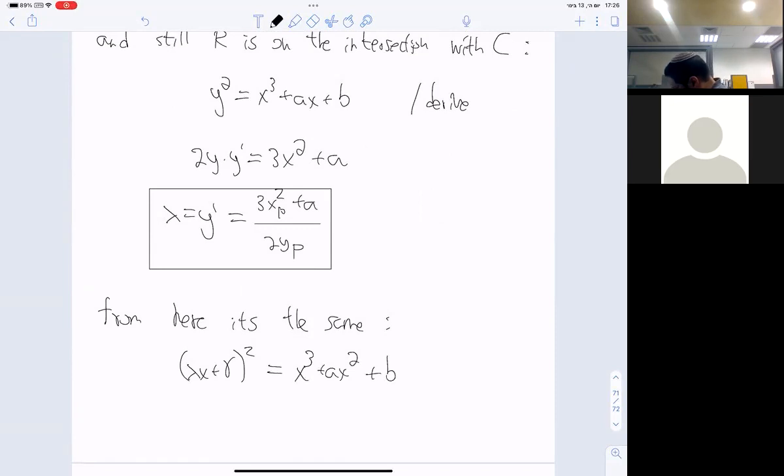So again, 2xP plus xR is lambda squared. So you find the xR and then you find yR.